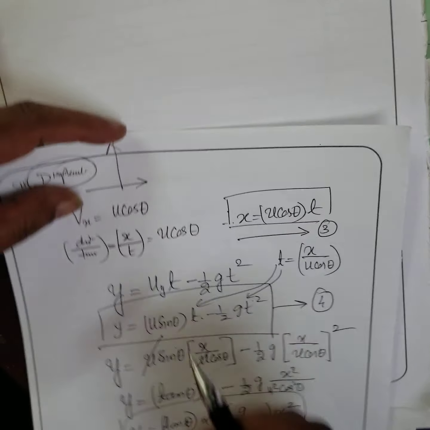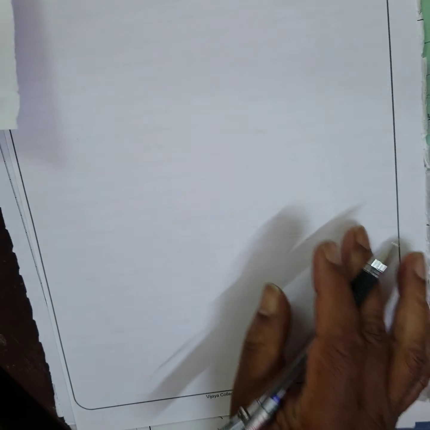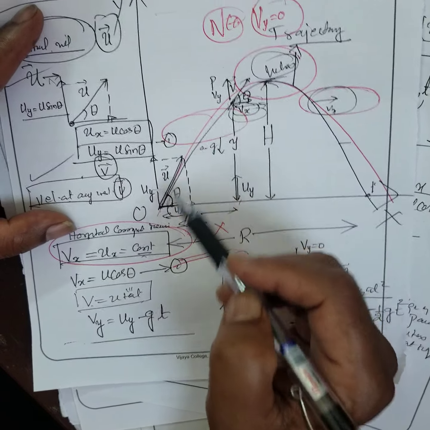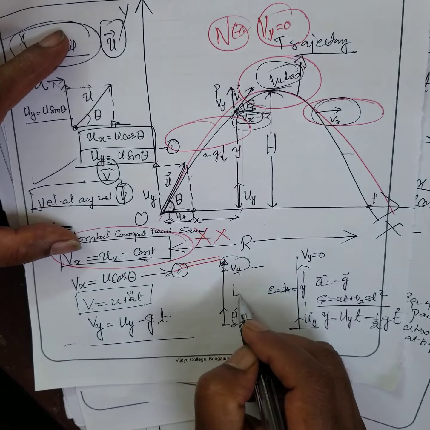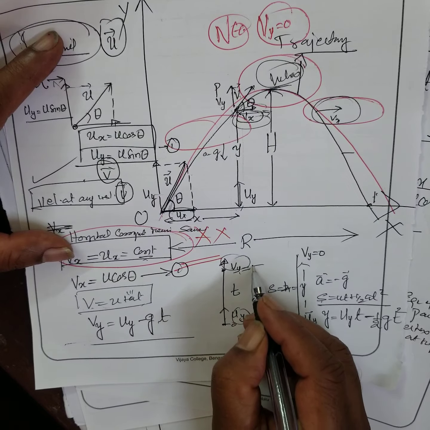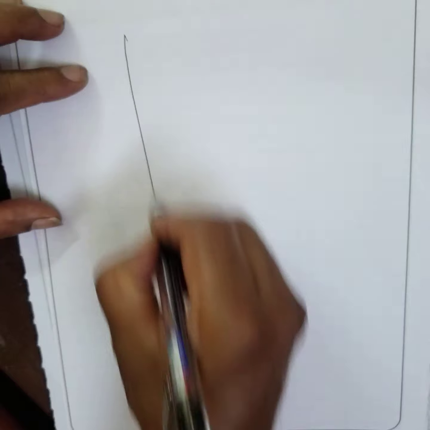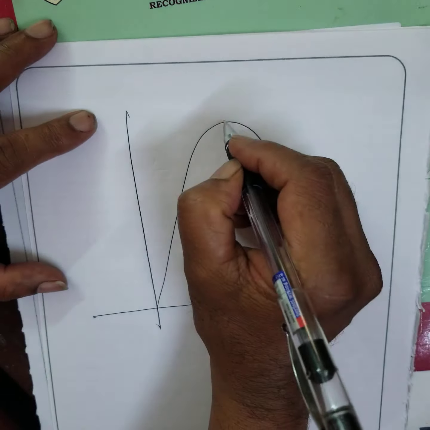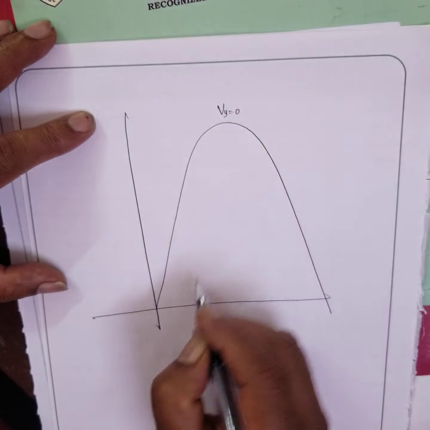Next, I want to find the time taken to reach the maximum height. What is the time? If v is equal to 0, here vertical velocity, look, here Vy equal to 0.